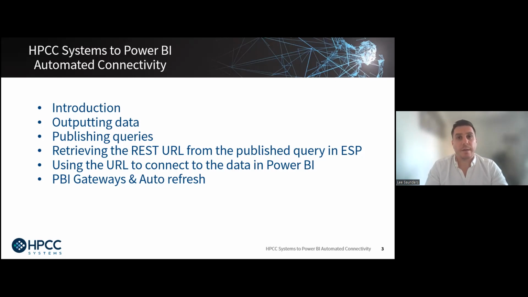The second, and the focus of the demonstration today, was setting up a web connection in Power BI via a REST URL JSON output. Both of these solutions have their pros and the odd con, and these days we use them in combination depending on the report we're producing.